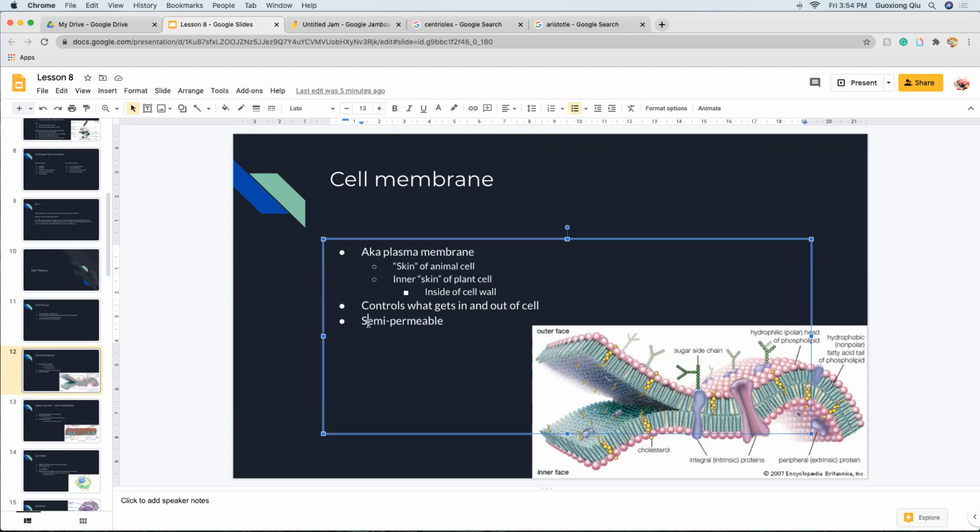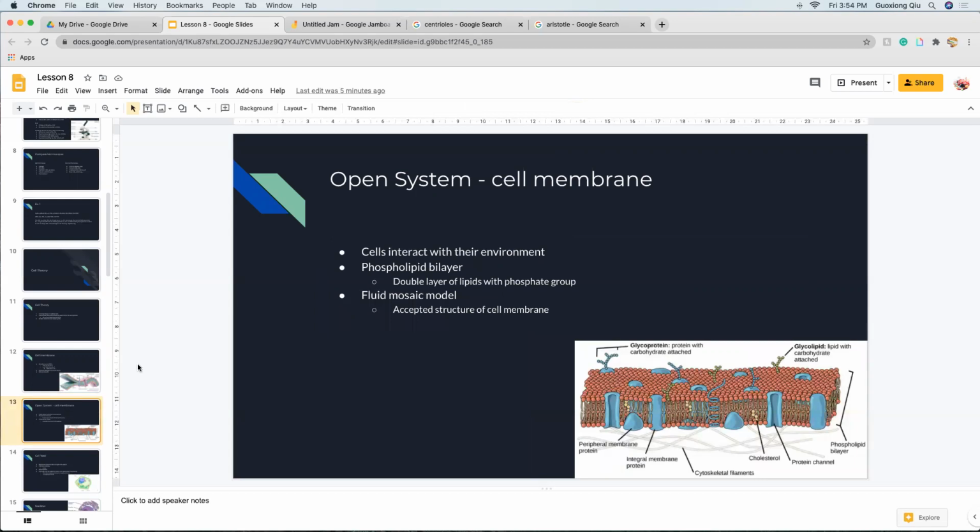It only lets in the things it wants in the cell, and the things it doesn't want, it blocks out, usually. So the cell is an open system since it lets things come in and out of the cell.